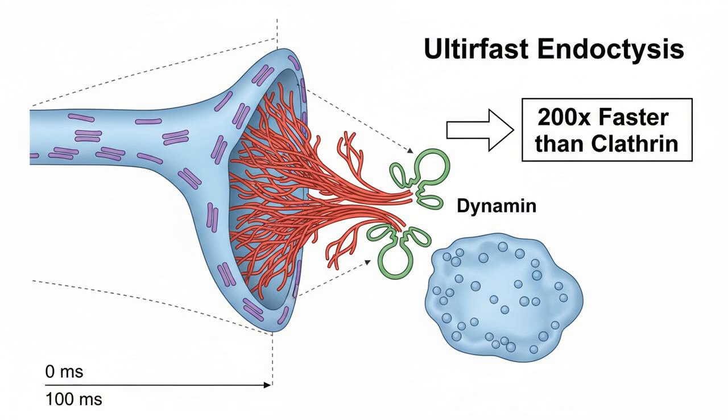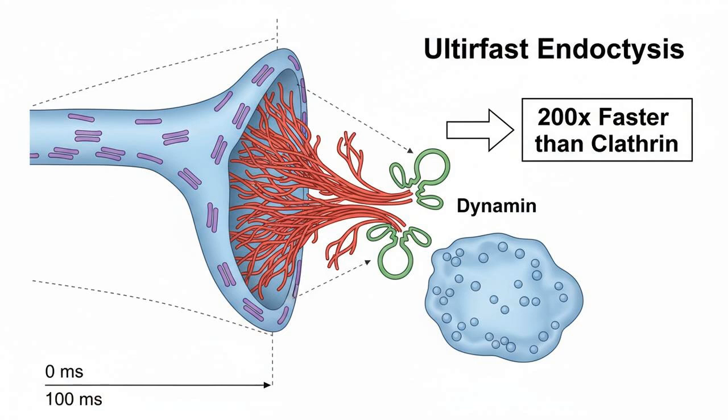Subsequent studies revealed the machinery behind this speed. The fast invaginations were uncoated, meaning clathrin was too slow to be involved. The membrane was being pulled inward by actin filaments, the cell's internal muscle. Furthermore, the protein dynamin, which acts like a pair of scissors to cut the vesicle neck, was already pre-positioned at the edge of the active zone, waiting for the signal to snip.